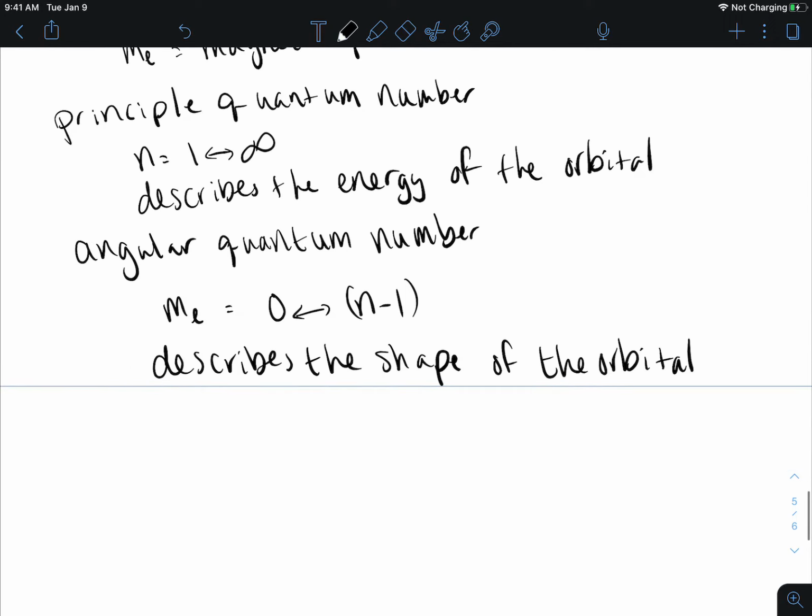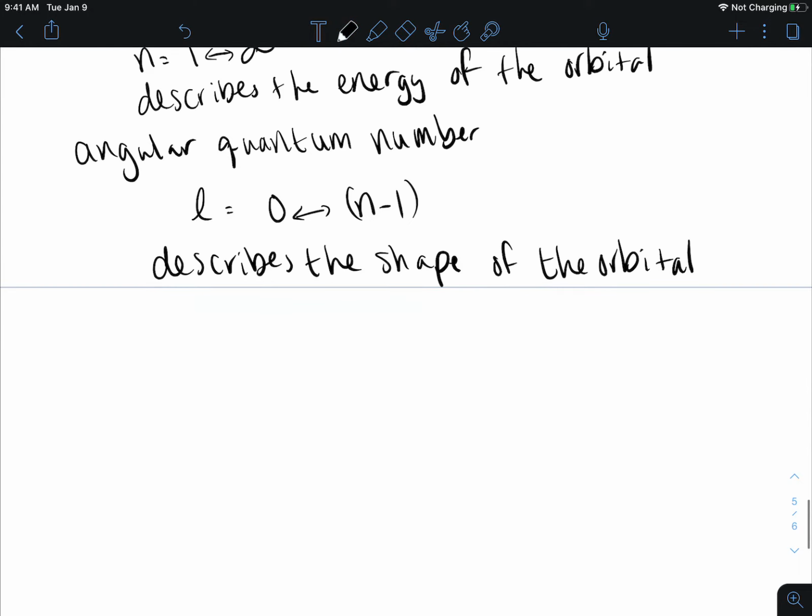Or did I say m sub L? Sorry, this is the L value. Our L values can be 0, 1, 2, 3, and so on and so forth.